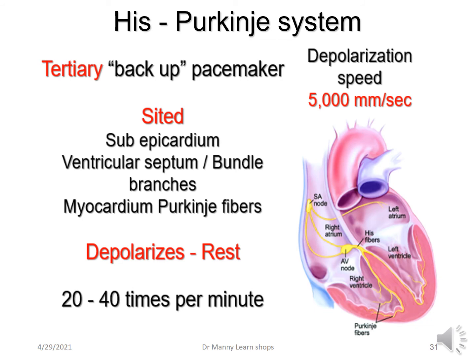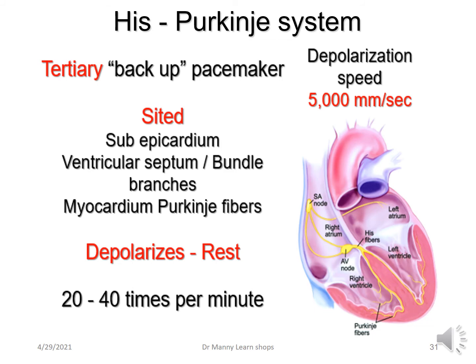But in some instances, the His-Purkinje system can become activated and provide backup, but if it does, it depolarizes very, very slowly, between 20 and 40 times per minute. It's sited in the subepicardium, in the ventricular septum, which branch off into the bundle branches and eventually become the Purkinje fibres in the myocardium.